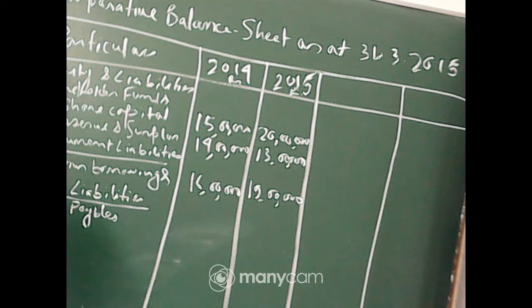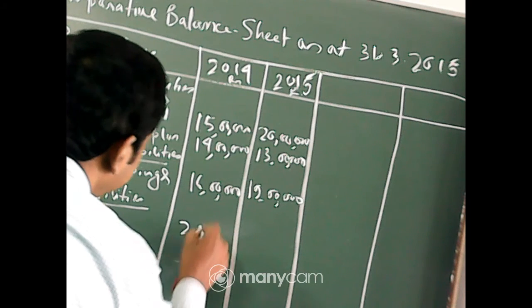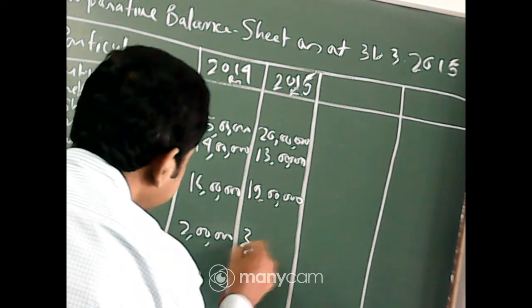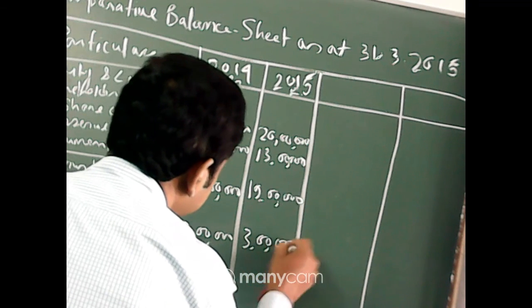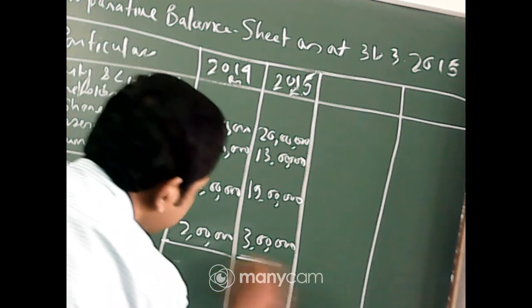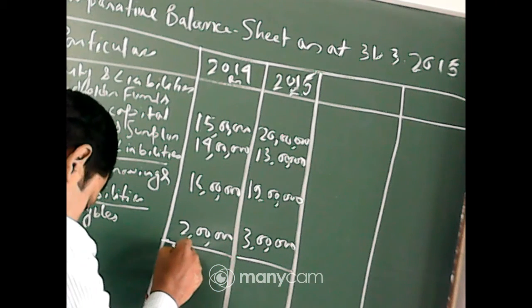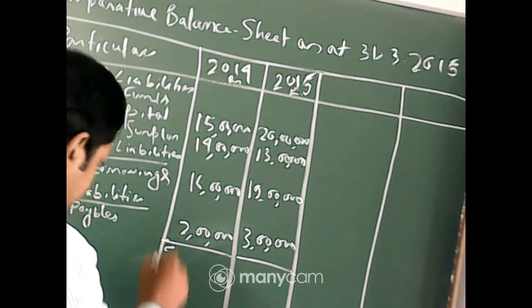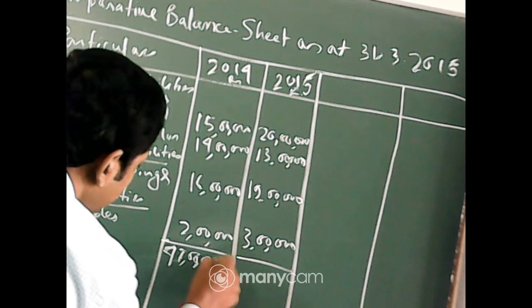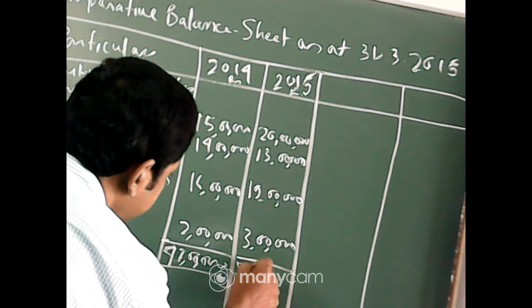Trade payable amount last year 2 lakh and current year 3 lakh. Now you can give the total here, you just total it, that is 47 lakh last year and 55 lakh this year.